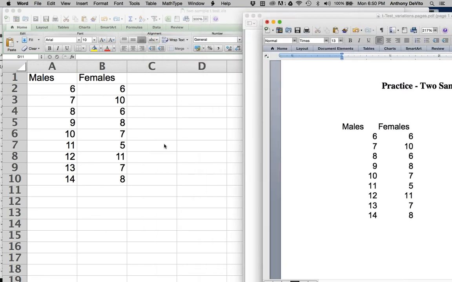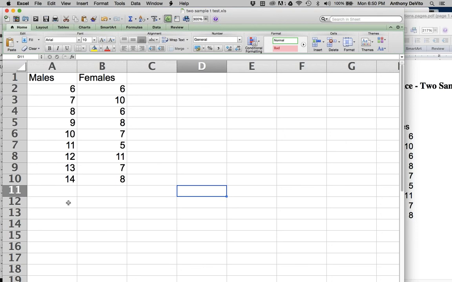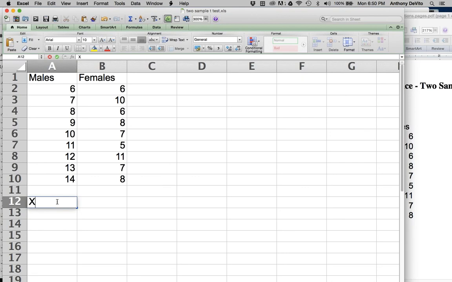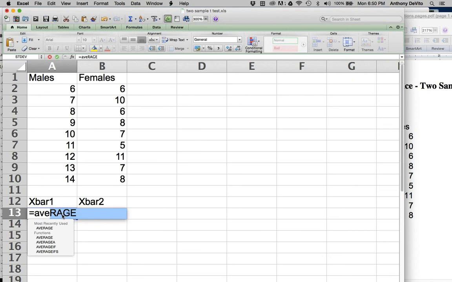Okay, let's calculate the means and standard deviations for both of these samples. X bar 1 and X bar 2. The mean is equal to average, parentheses, of these numbers.